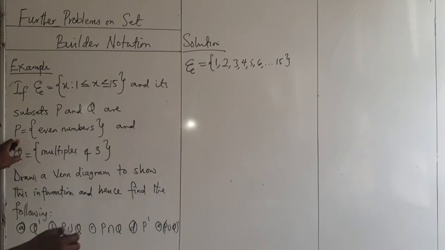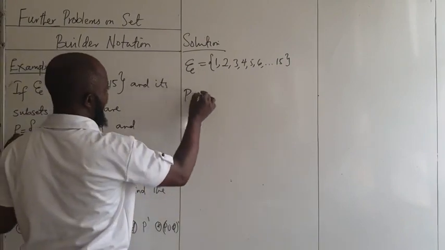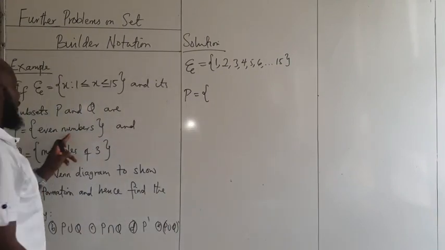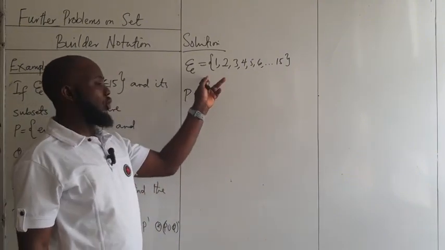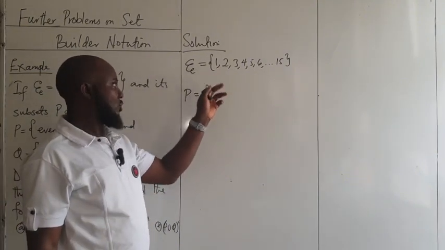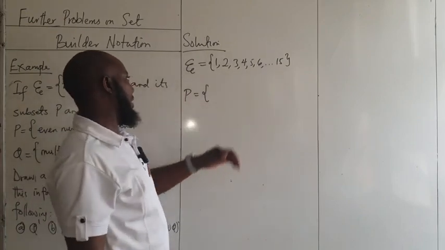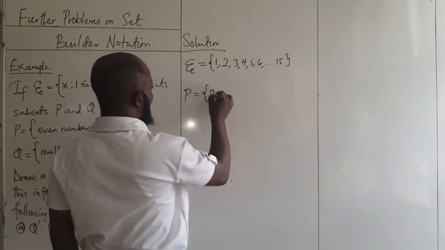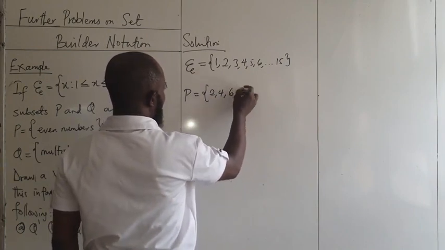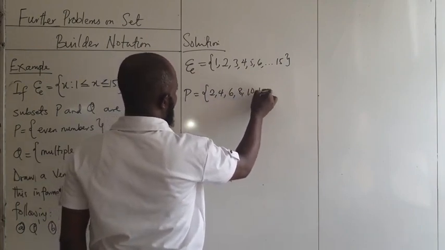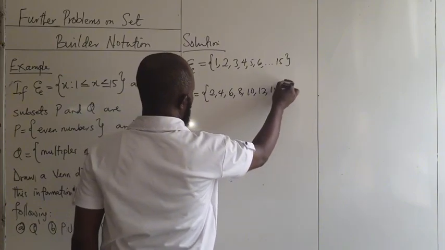Then set P, the elements are even numbers. P is a subset of the universal set, so all the even numbers that we have here, we write them as 2, 4, 6, 8, 10, 12, 14.